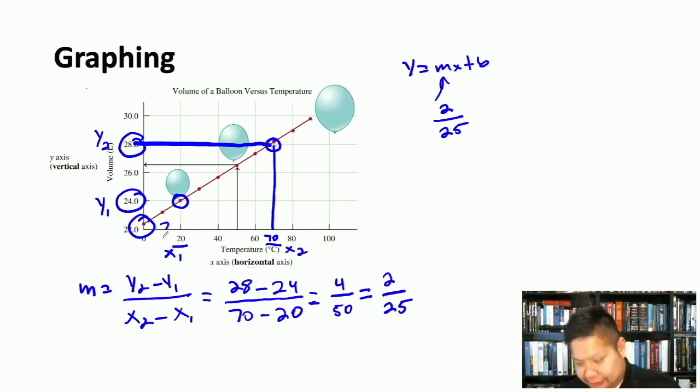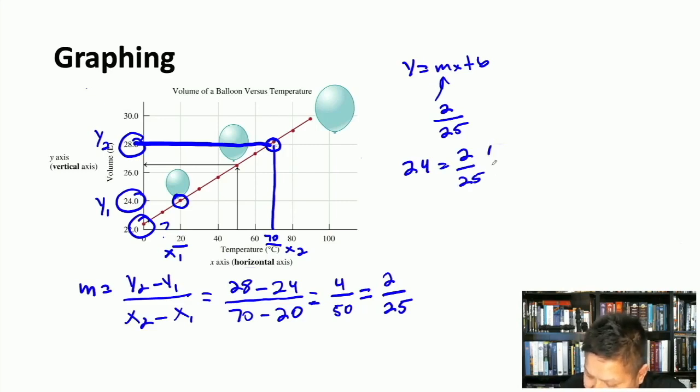Well, this is actually really simple to do now that we have the slope. We have our equation, right? You can plug in a y value. Say we'll use 24 because we used that a second ago. So 24 then equals the slope, 2/25, times x.